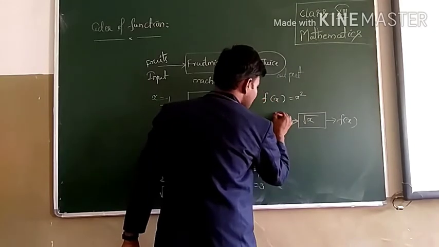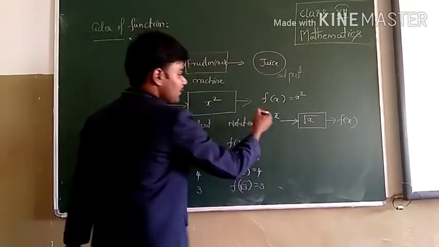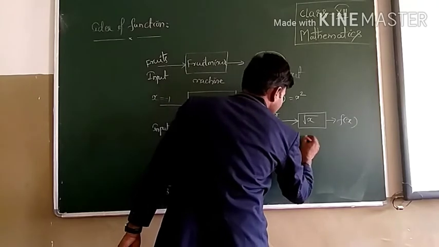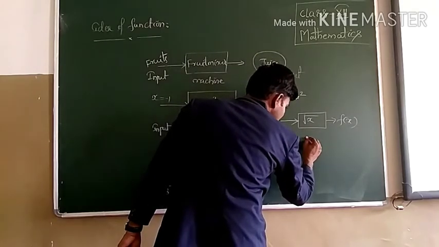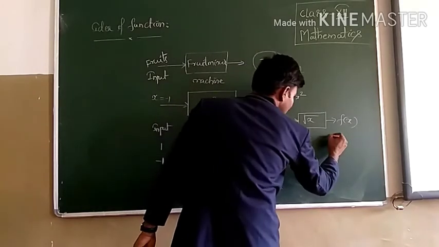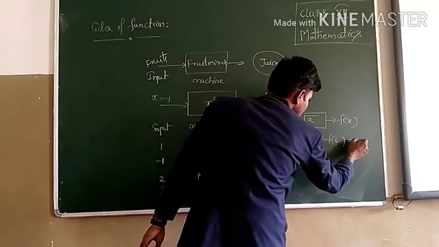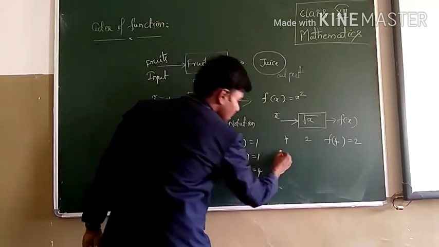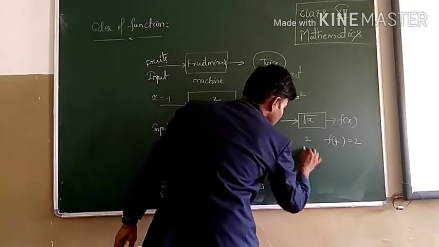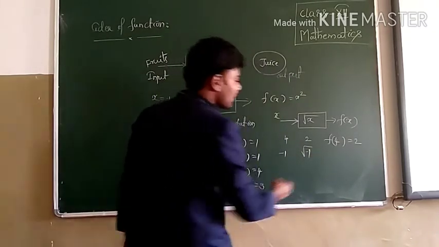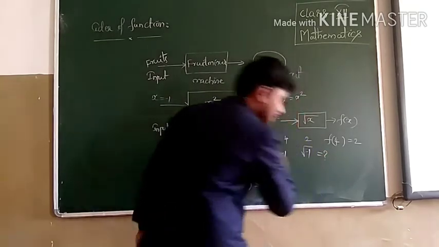I should give certain values to x. If I give 4 for x, then root x means root 4 is 2. So f of 4 is equal to 2. If I give the x value as minus 1, then root of minus 1 is not defined exactly. So here we can't get the exact value.